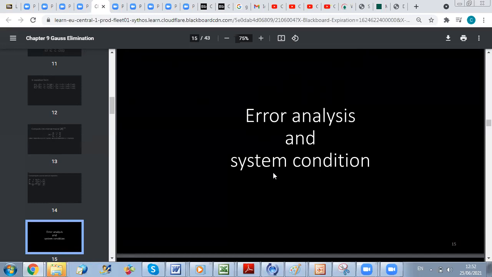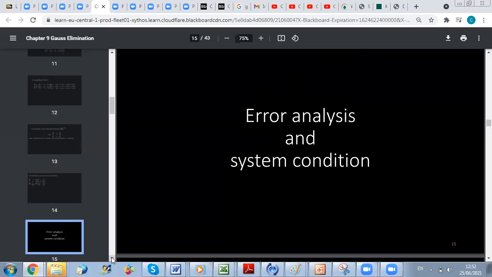But if the determinant is close to 0, we can also have a solution, but we cannot trust it a lot. So now, in order to be able to do the error analysis and define the system condition in a number instead of saying this matrix is very ill conditioned or is not very ill conditioned, we need to define a certain number to assess the system condition.